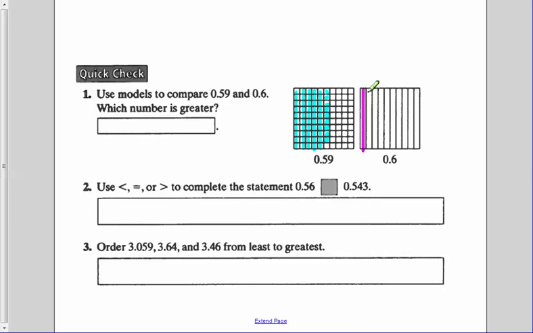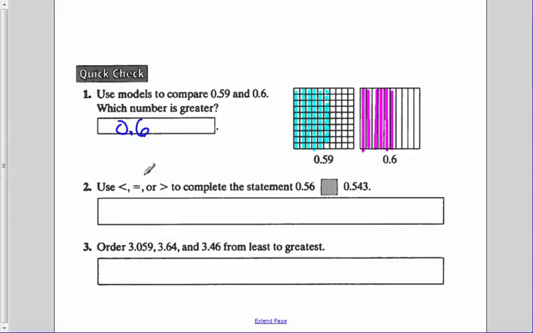So I've got 1, 2, 3, 4, 5, 6 tenths. So 6 tenths is shaded just 1 hundredth more. So which number is greater? Well, 0 and 6 tenths.